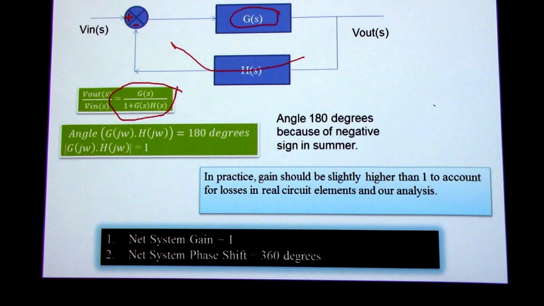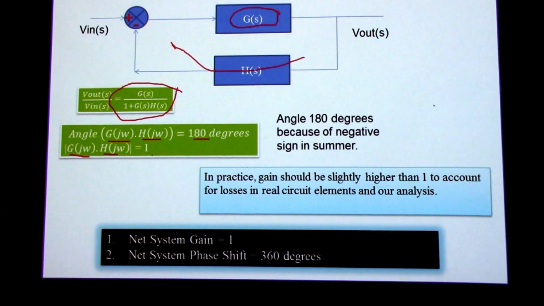So the criteria that defines this circuit to oscillate is this: the angle of this term should be 180 degrees, and the amplitude of this term should be 1. These are just two conditions you have to satisfy.